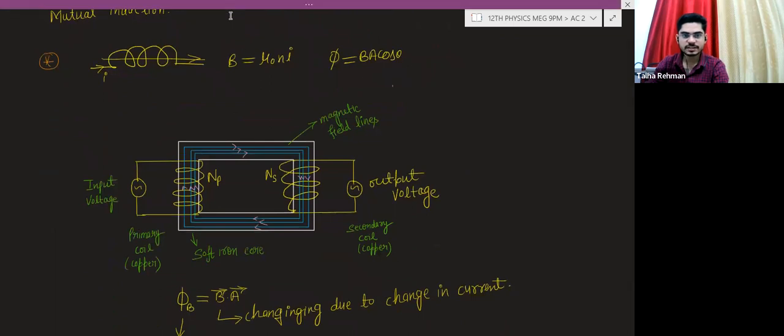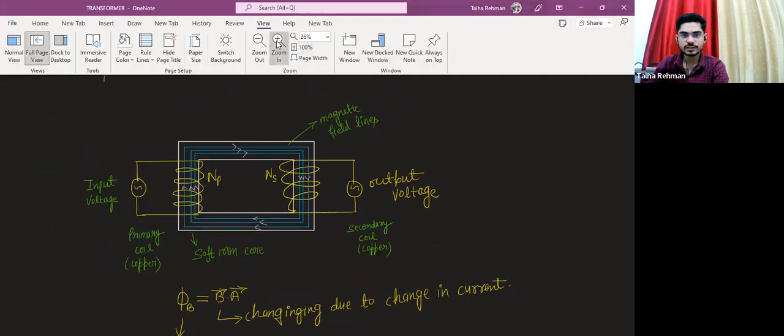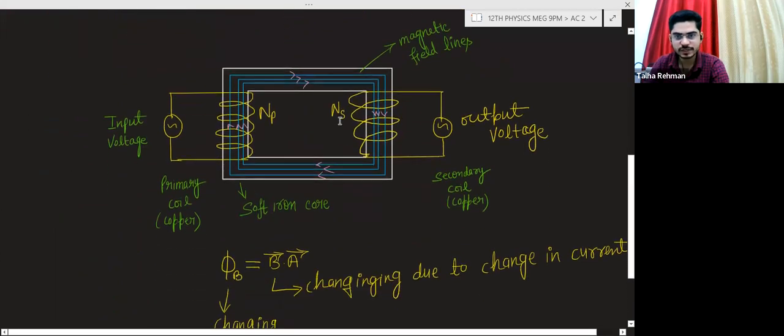So this is the construction of the transformer. We will see what the main components of the transformer are. See this first white part, this rectangular white part.